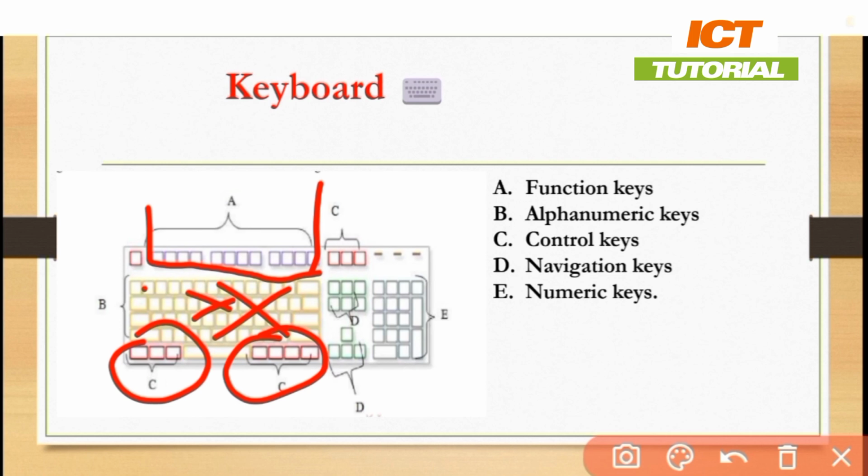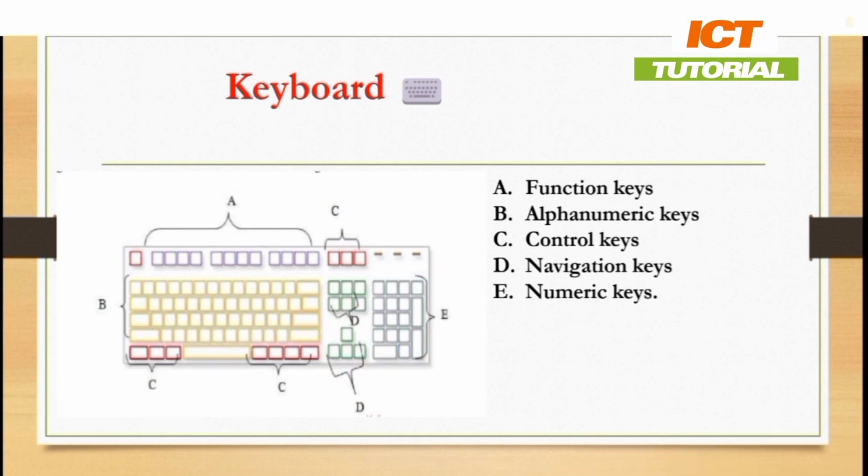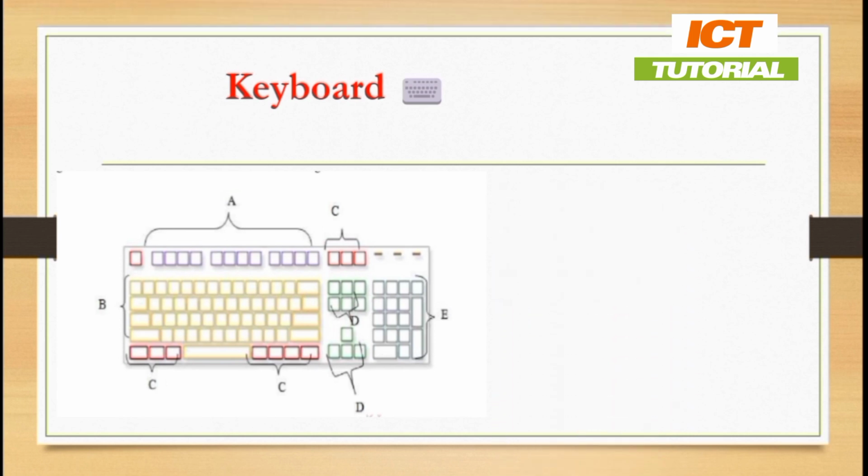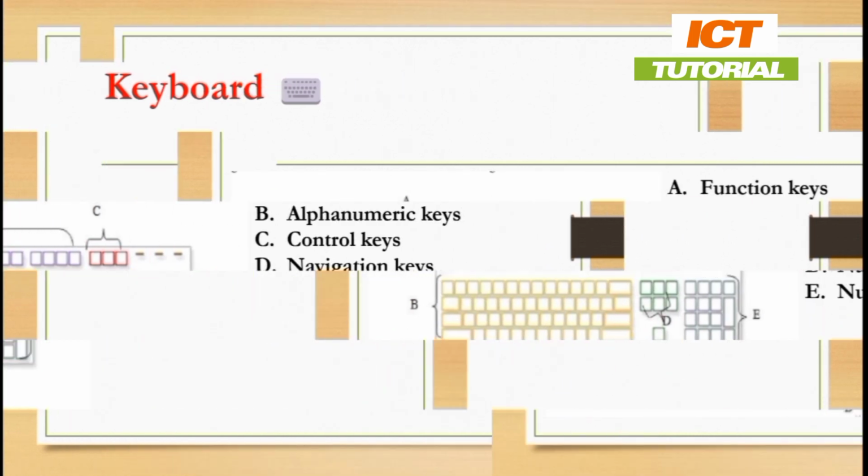We have D, navigation keys. They are used for navigating, maybe up, down, move mouse. You may decide to not use the mouse but use the keys. So these are the navigation keys. Then we have E, numeric keys. These are the numbers 1 2 3 4 5 6 7 to 8, and that is the keyboard.